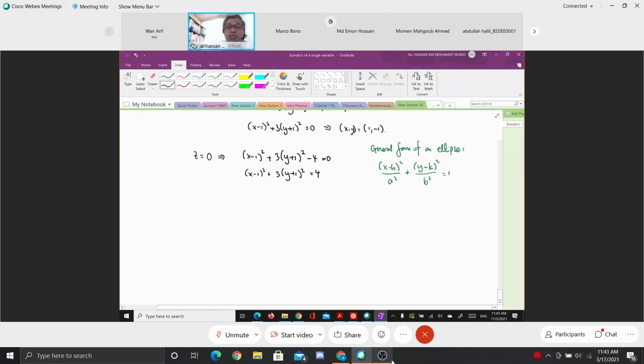So if I have this centered at somewhere (h, k), suppose this is the point (h, k), it is an ellipse, something that looks like this.